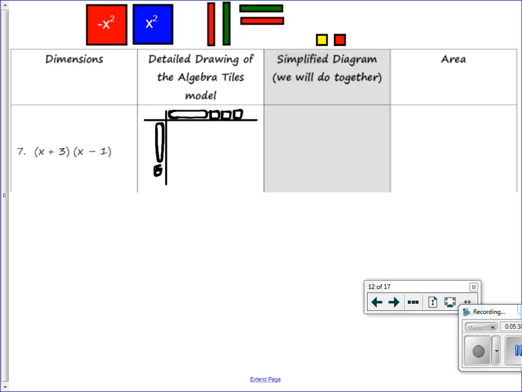Go ahead and model it with your algebra tiles, and then we'll draw it because I'll show you all a trick for drawing. Okay, the trick that I use for drawing. What shape is the product turning into? A rectangle. Here's a little shortcut when it comes to drawing because it makes it seem like you're not drawing as much.